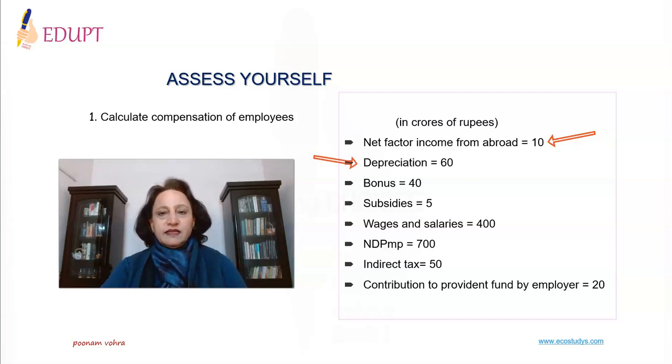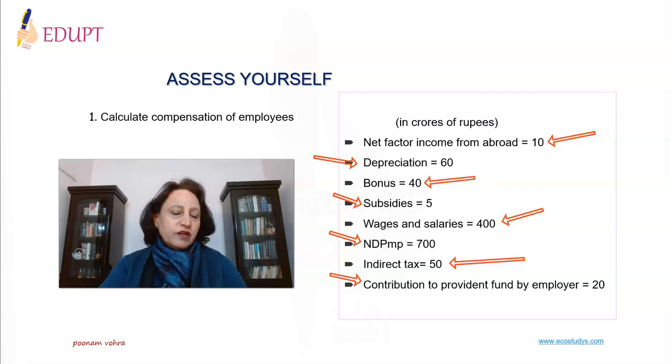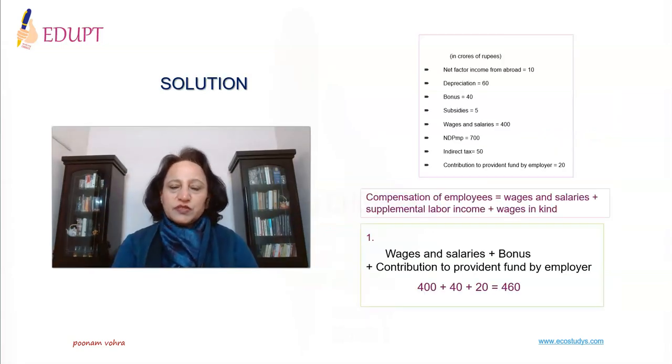Depreciation 60, bonus 40, subsidies 5, wages and salaries 400, NDP at market price 700, indirect tax 50, and finally contribution to provident fund by the employers 20. Now let's have a look at the solution.